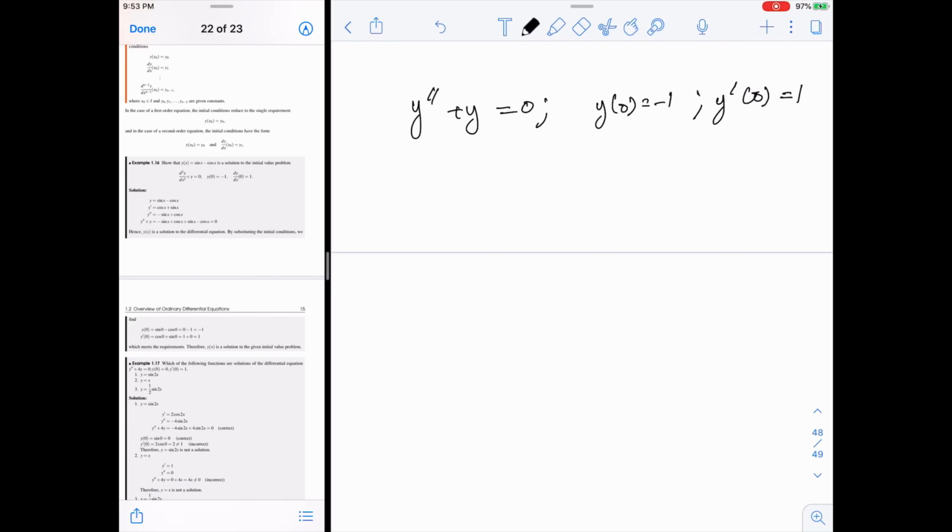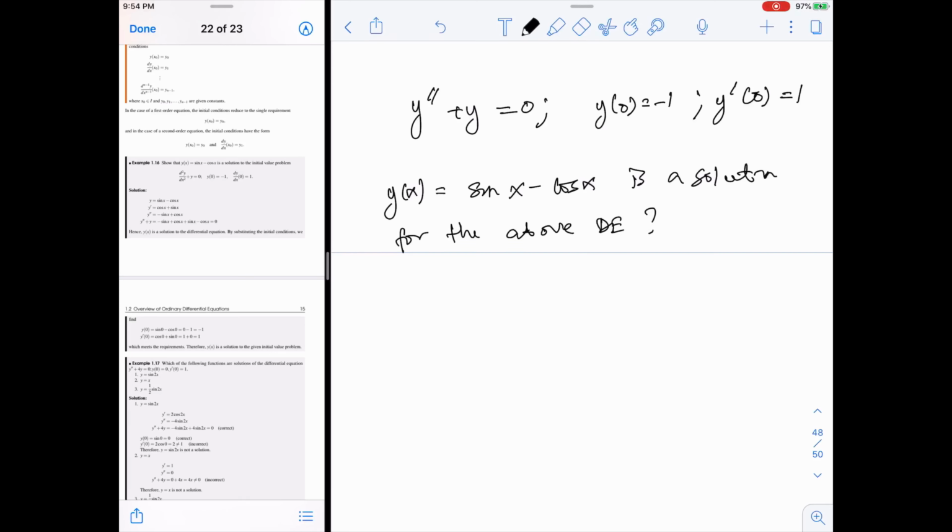So the question asks you to show that y(x) here, which is sine x minus cos x, is a solution for the above differential equation.